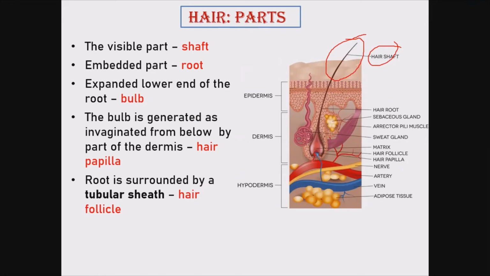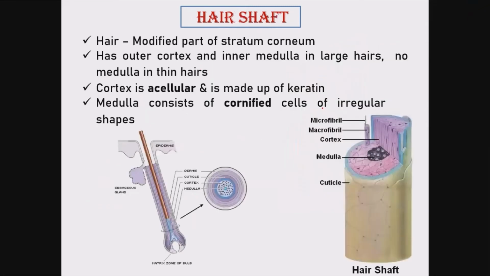Now, this bulb has an invagination of the epidermal cells, where nerves and vessels are entering. This is called the hair papilla. And this root is surrounded by a layer of cells, which is called the hair follicle. So: hair follicle, hair papilla, bulb, shaft, and root. These are the important parts here.